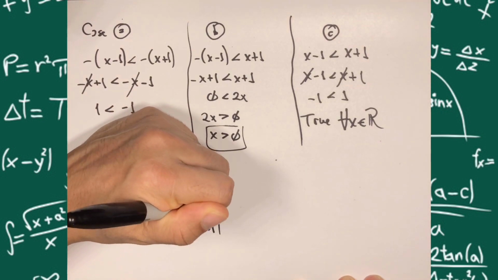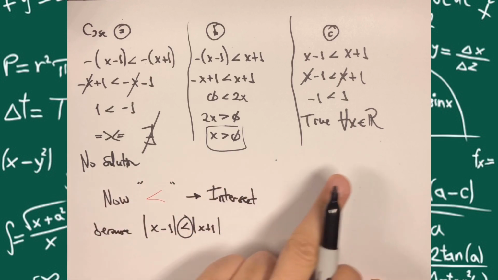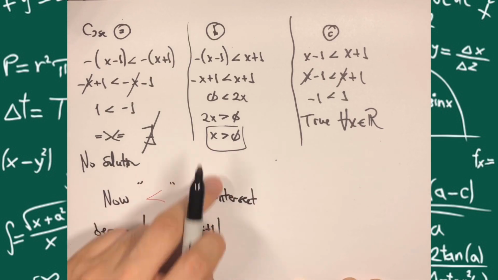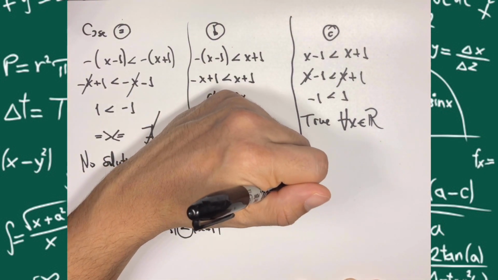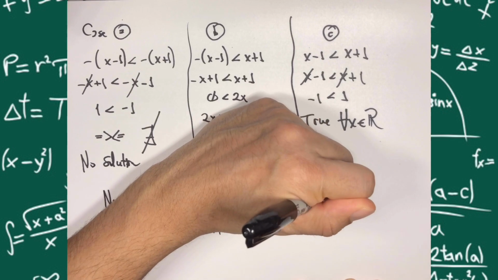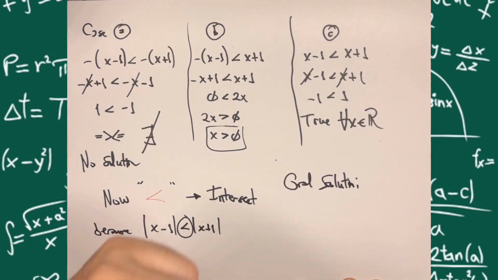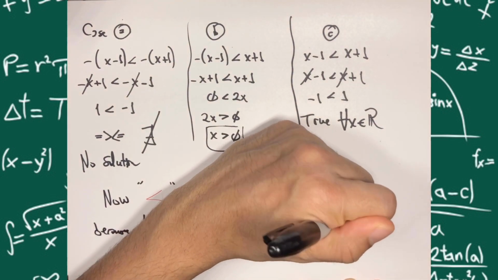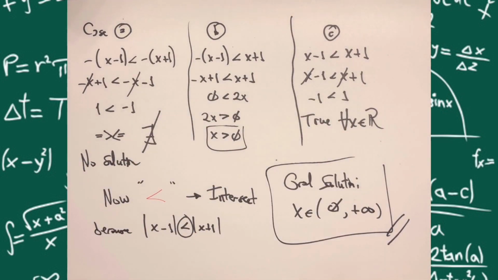According to the definition, the solution is the intersection of the individual solutions of each one of the cases. As you can see, the first one had no solution, the third one had all real numbers, and the second one is the actual solution itself, case B. So if we intersect that, the general solution is x that belongs to the interval from 0 to infinity. That is the general solution, the intersection of all 3 cases.